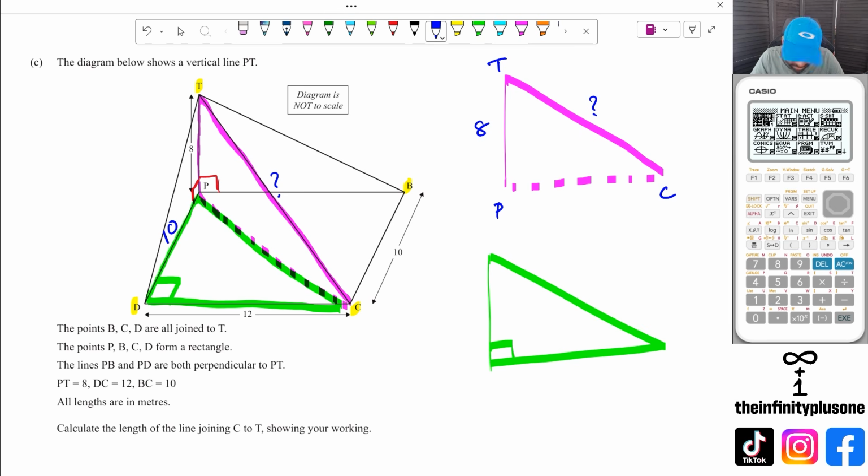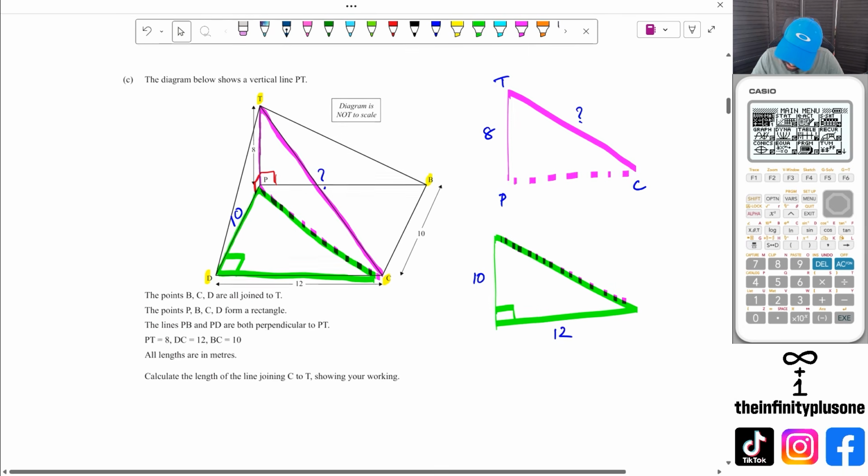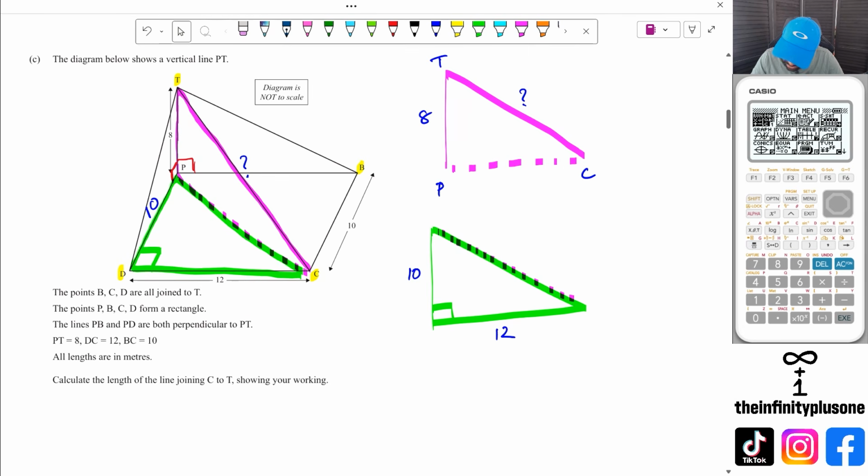And what I've got here is 10 and 12. Just to reiterate, I hope you can see that the green and the pink lines are one. For the green triangle, it's the hypotenuse. For the pink triangle, it's one of the sides. I'll put some labels as well. So that's going to be P, C, and D. So I'm going to find out what PC is first.